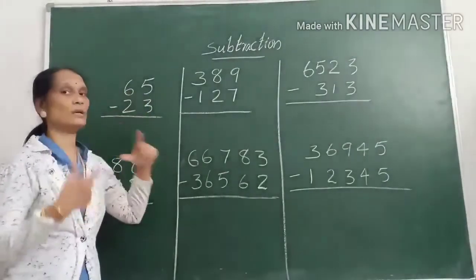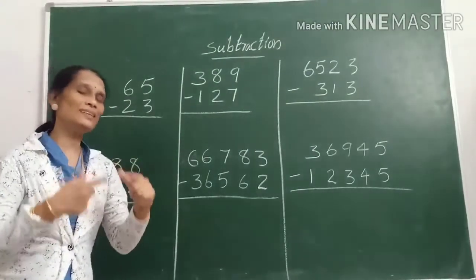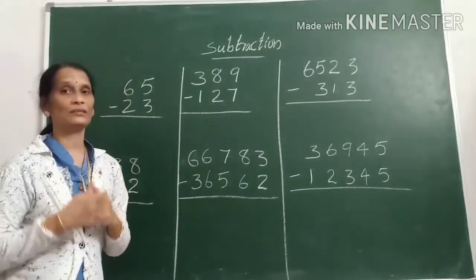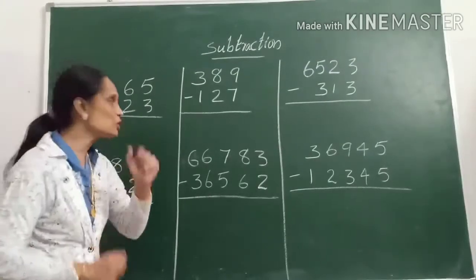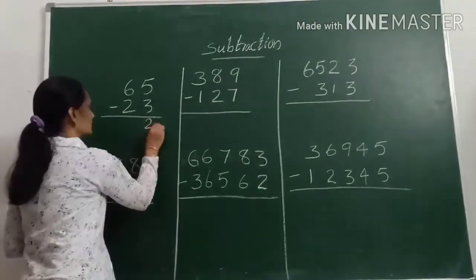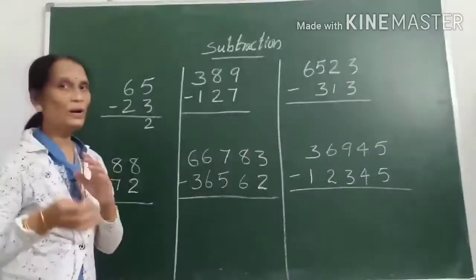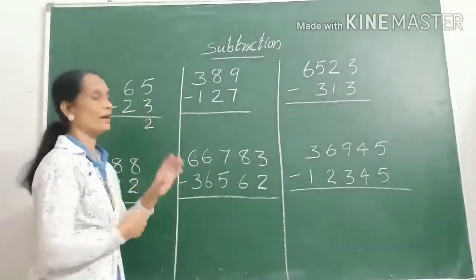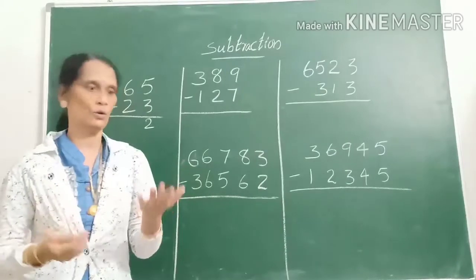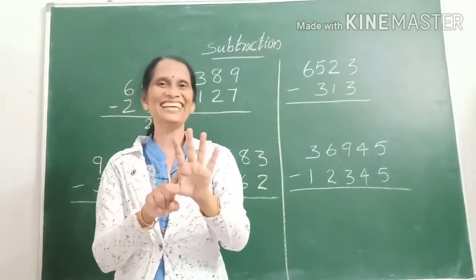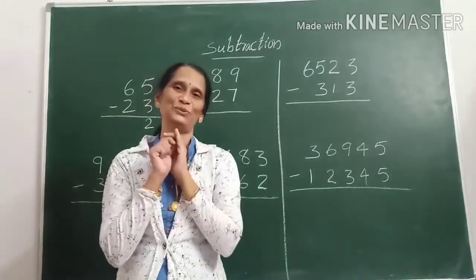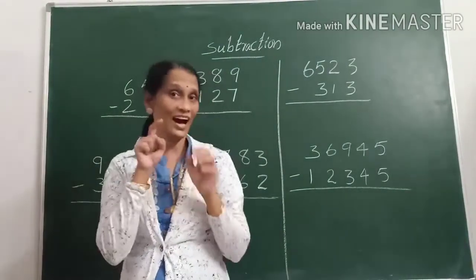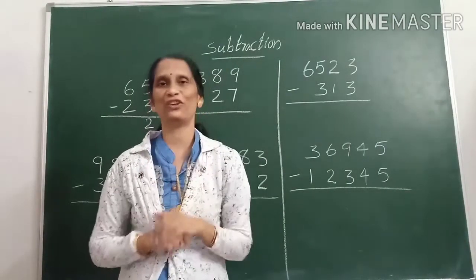You know the table of 3, no? 3 plus how much is 5? 3 plus 1, 4. 3 plus 2, 5. So you write 2 here. When you are thinking in the reverse manner, 5 minus 3, you take 5 fingers, then 3 fingers you fold and you get 2. Are you following? Don't follow like that.